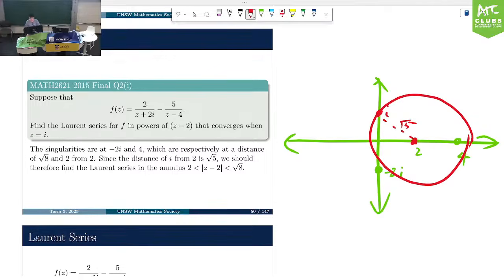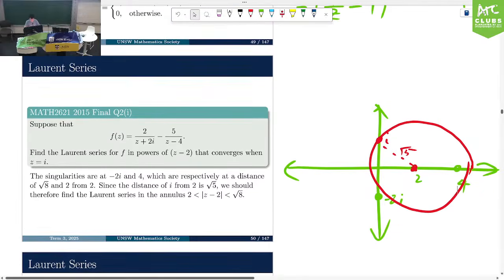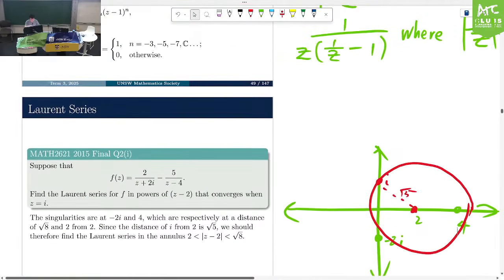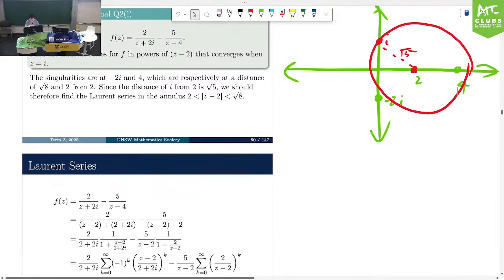To converge in this circle, let me just draw another diagram. Okay, let me just draw it here. To converge in this circle, we can consider a power series that's analytic in this ring over here.